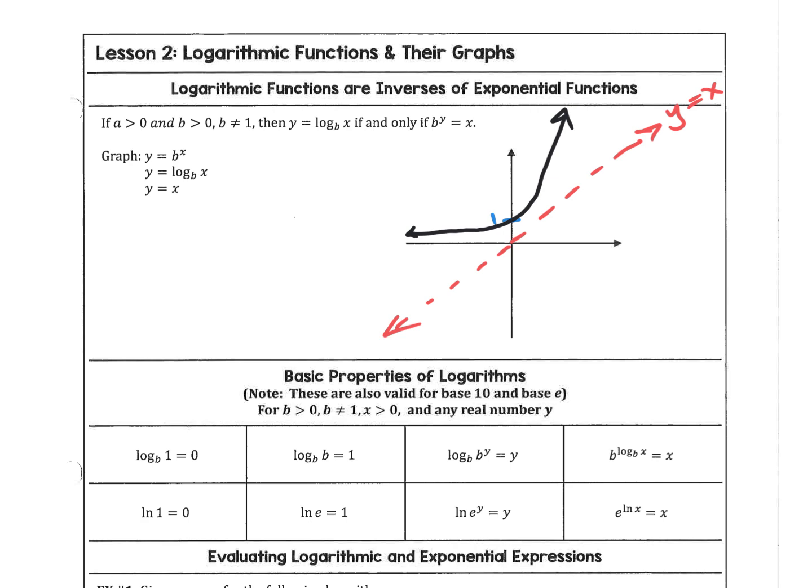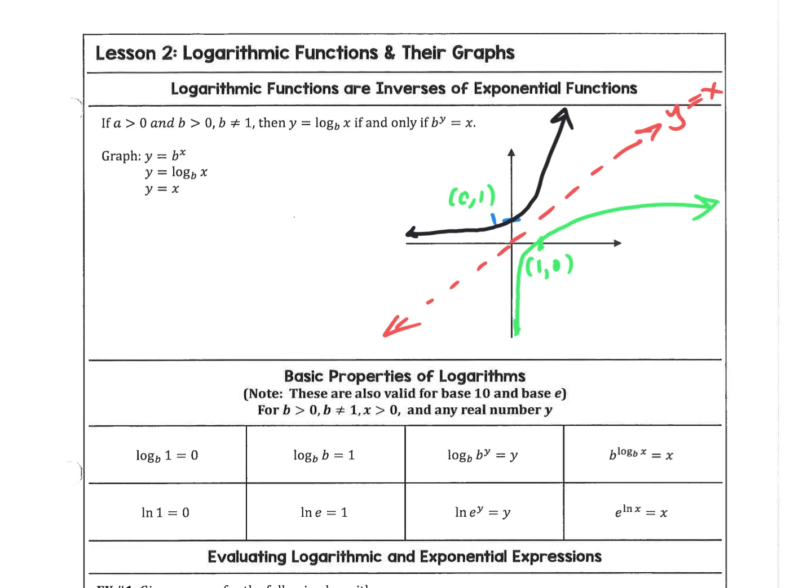Then the point 0, 1 becomes the point 1, 0, doesn't it? So if this doesn't cross the x-axis, then this guy doesn't cross the y-axis. He actually ends up going this way. Remember how they look like reflections of each other across that line?